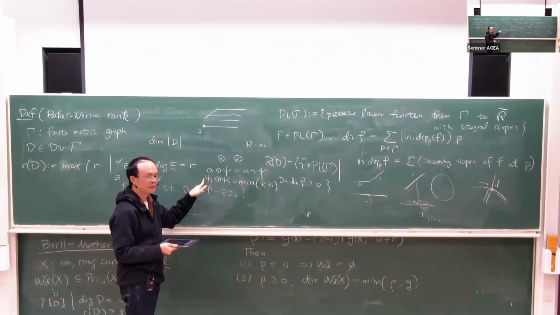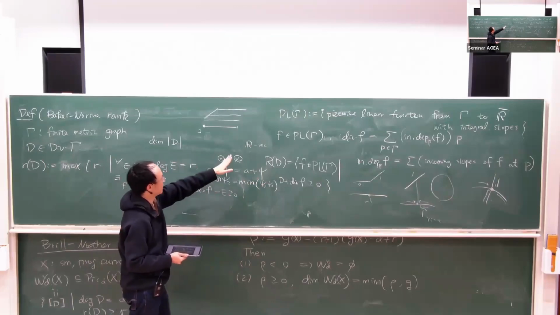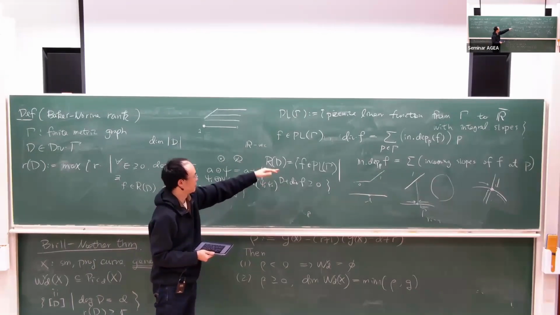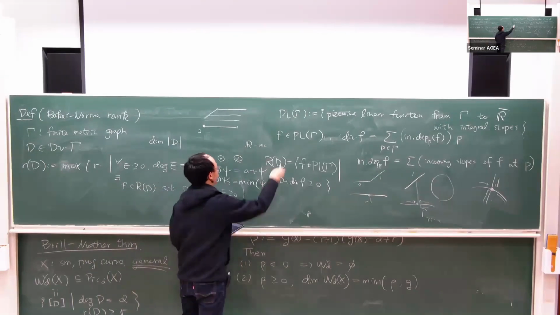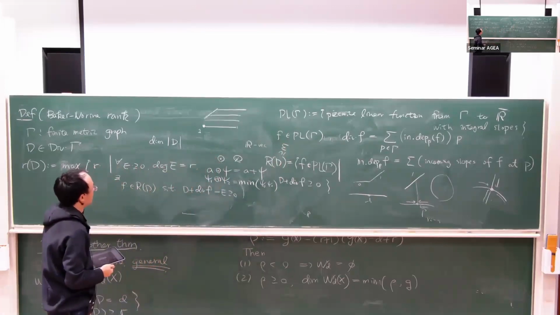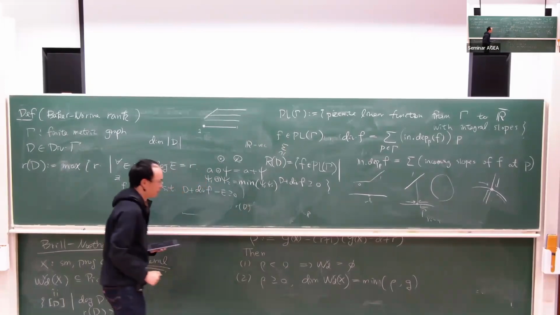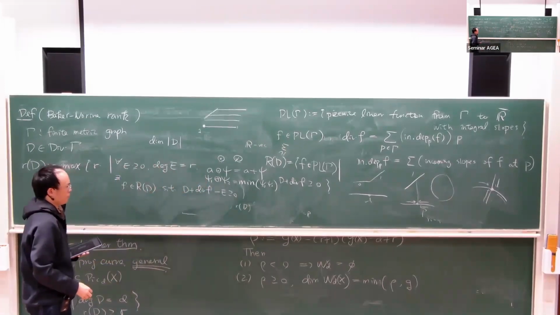So it almost makes no sense to consider this set or any tropical submodule as an R vector space. So small r of D should be understood as the minimal number of functions that you can generate big R of D with.